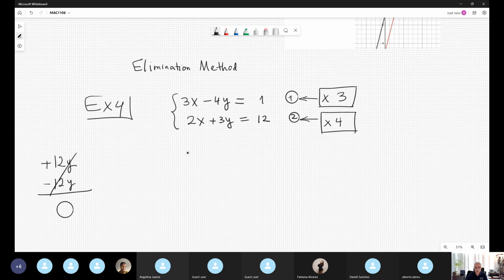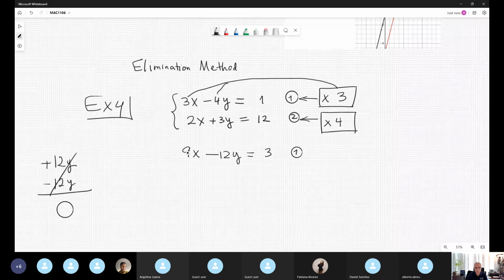Well, suppose you multiply the entire equation 1 times 3: 9x, because 3 times 3 is 9, minus 12y equal 3. And this is my equation number 1 again, with different coefficients, but equivalent.